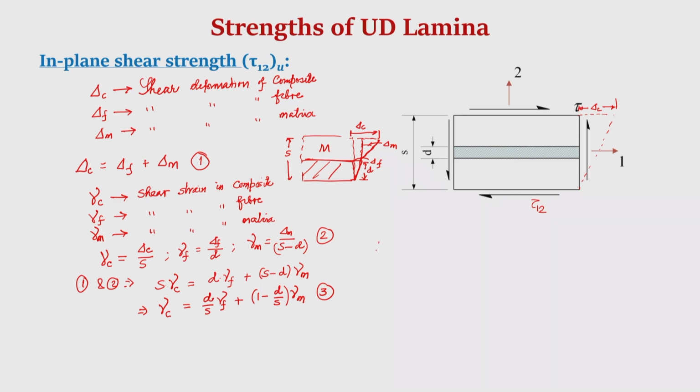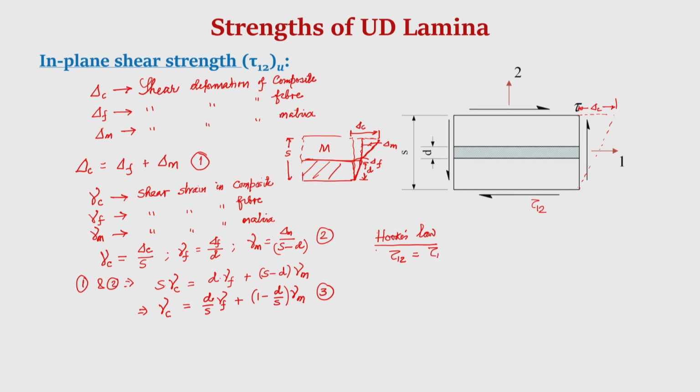Therefore, following Hooke's law, now the stress, in plane stress tau 12, because it is a pure shear applied on the composite. Therefore, the composite, the fiber and the matrix, all of them actually experience the same pure shear. So, tau F is equal to tau M is equal to tau C, C is the composite, which is nothing but tau 12.